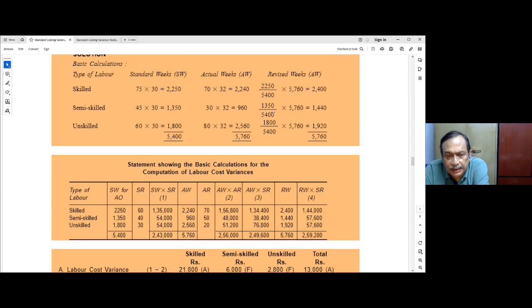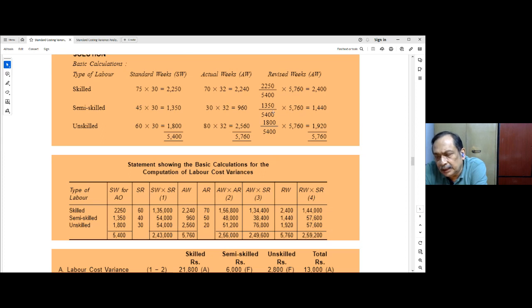Total is 2,56,000. Then AW into standard rate, it comes to 1,34,400, 38,400, 76,800. Total comes to 2,49,600. Then we have calculated revised weeks.